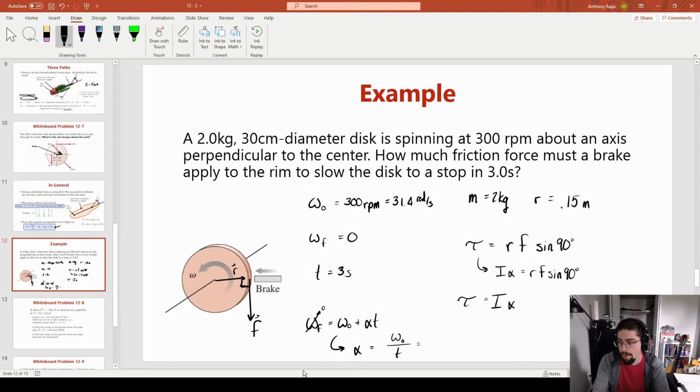Divided by my time of 3 seconds means that I should end up with a quantity that I can't see because of the hole in my calculator. 10.47 meters per second squared. Not meters. Radians per second squared. We've got that quantity alpha.